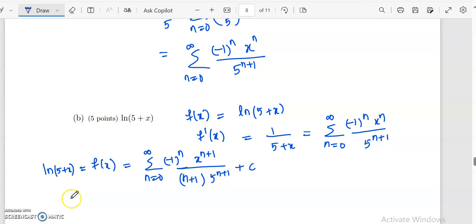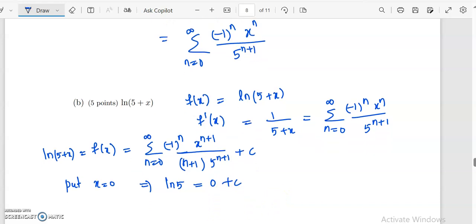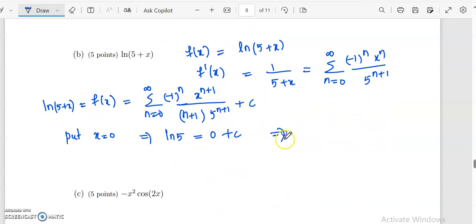Now when x is equal to 0, this entire term will become 0. Now we need to find what is the value of c. So put x equal to 0. So when x equal to 0, we will get log 5 equal to 0 plus c. So therefore c will be log 5.